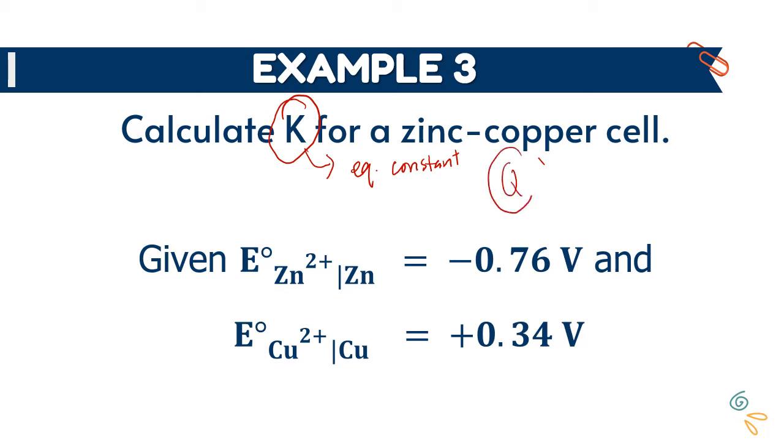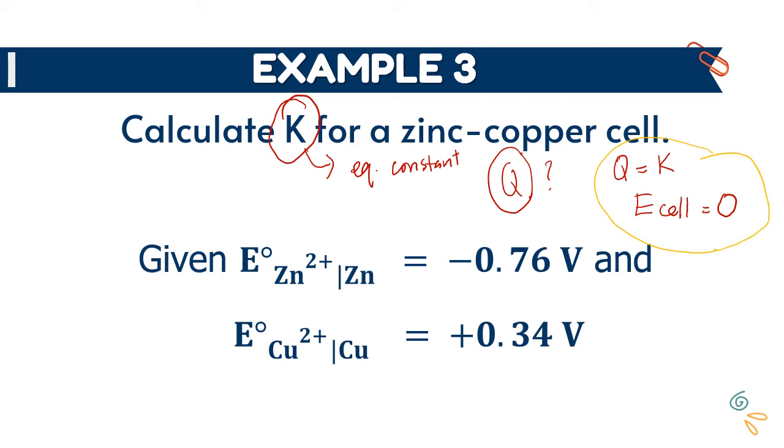So, where do we find our Q? Q will be found in our Nernst equation. At what time will the value of Q equal K? So, Q equals K is when the value of the E cell is equal to 0. So, this one is a very important piece of information.